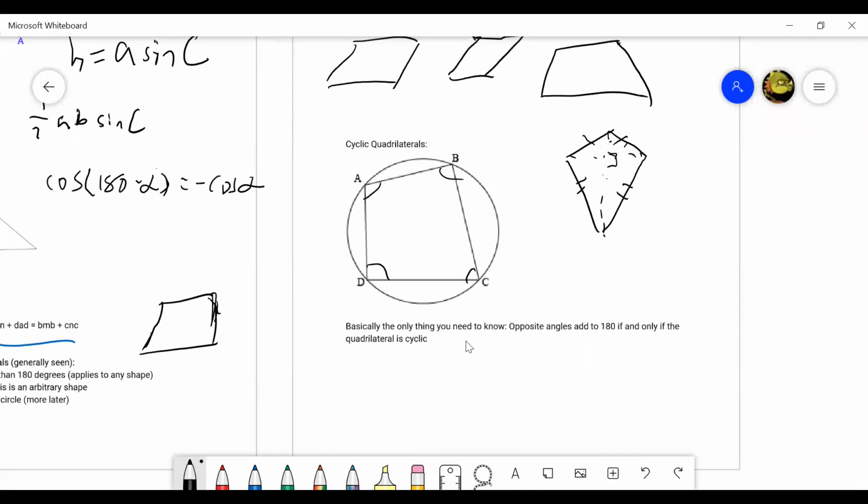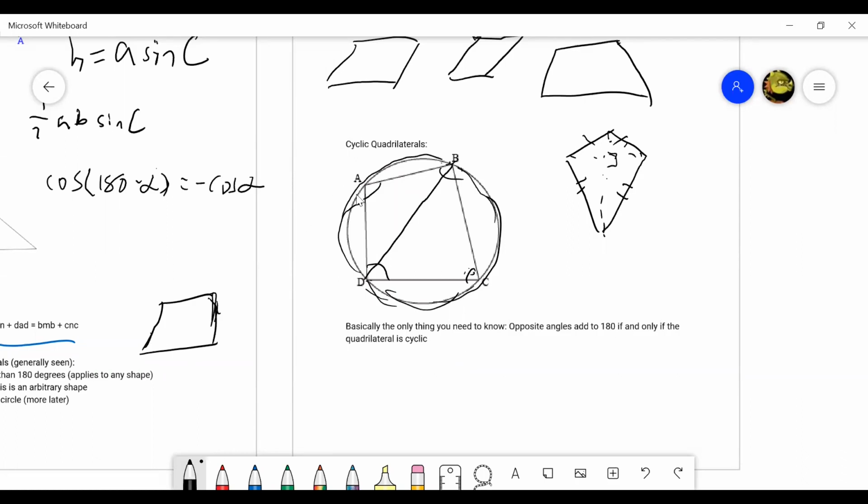And basically, this is true because of the inscribed angle theorem. If we draw a diagonal such as BD, angle A faces this arc BD on this side, and angle C faces this arc BD on the other side. So it faces the minor and major arc of B and D respectively.